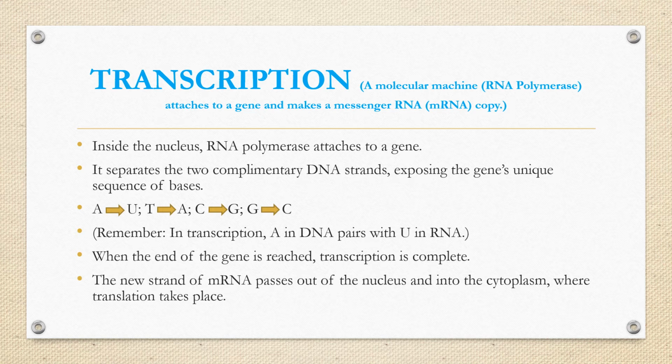So A to U, T to A, C to G, and G to C. Remember, in transcription, A in DNA pairs with U in RNA. When the end of the gene is reached, transcription is complete. The new strand of mRNA passes out of the nucleus and into the cytoplasm, where translation takes place.